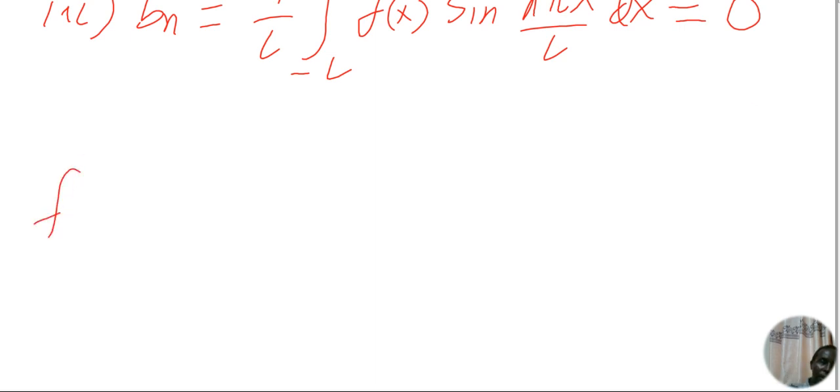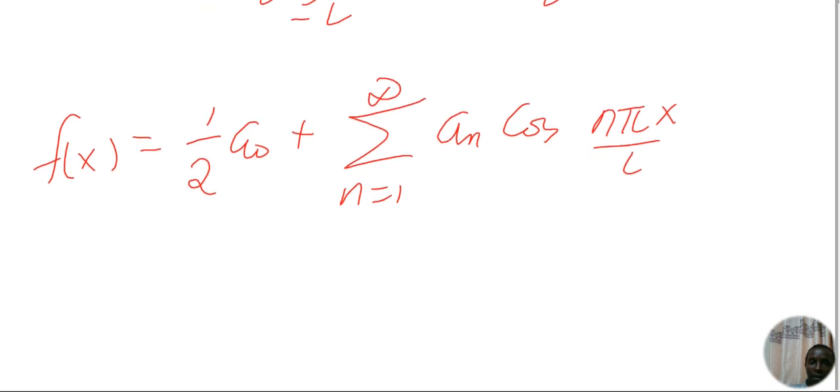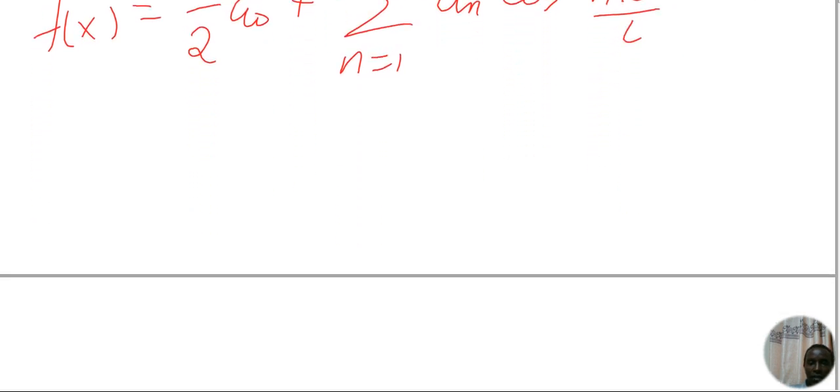The series f of x will be of the form 1 over 2 a naught plus the sum from n equals 1 to infinity of an cosine of n pi x over L. So there will be no sine terms because the sine terms are 0.